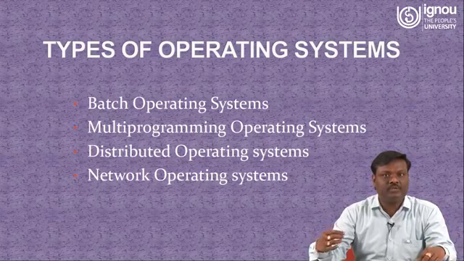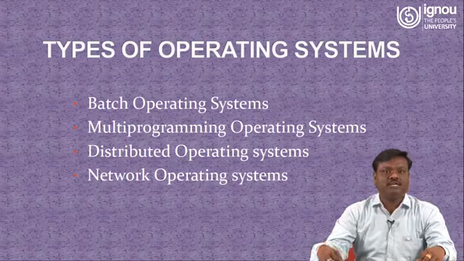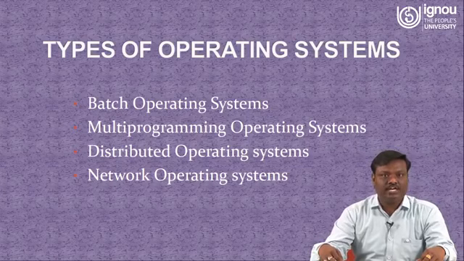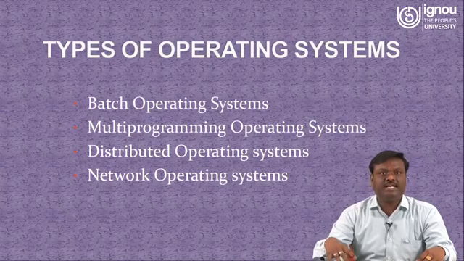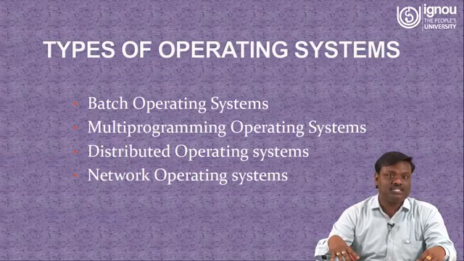Depending upon those primary factors, operating systems are divided majorly into batch operating systems, multi-programming operating systems, distributed operating systems, and network operating systems. Let us see one by one in which context we can use these operating systems.